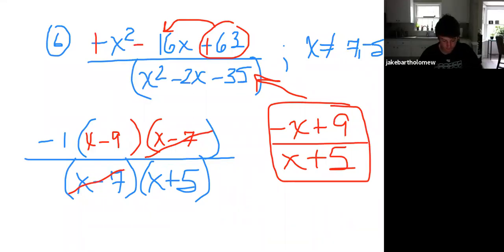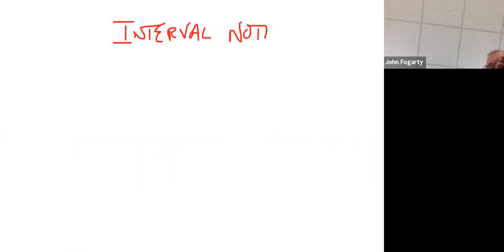Number 7 says, write the domain of each function in interval notation. All right, so we're going to talk about interval notation as well. We're still doing the same thing, but we're just going to write it so that we have a picture of our domain.